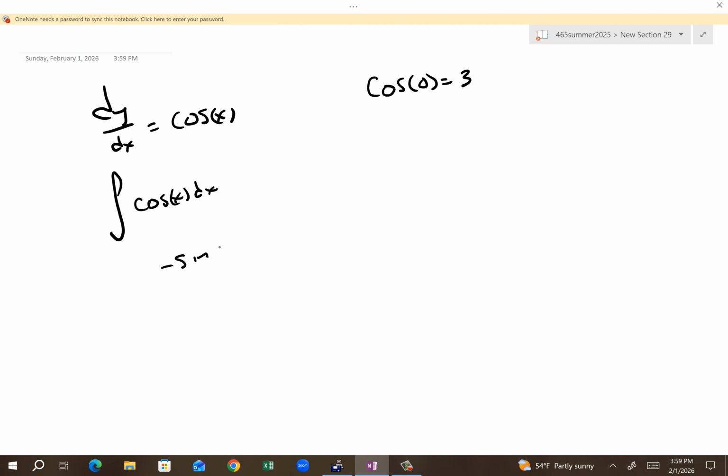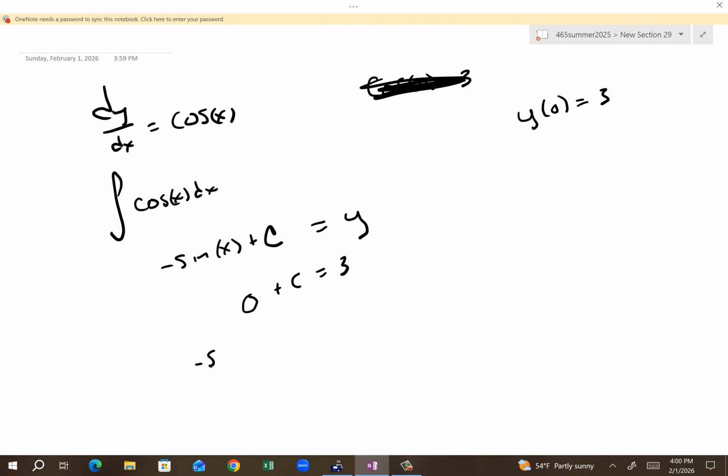Well, this is minus sine of x plus c, right? This is my y value. So in other words, what we're trying to say here is y of 0 is 3. Sorry about that. So when you put it in, what's the sine of 0? The sine of 0 is, that's right, 0. So your c then is 3.